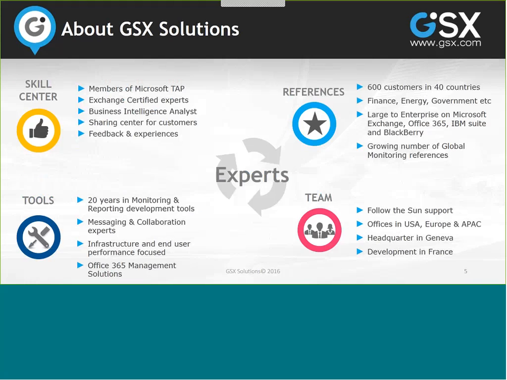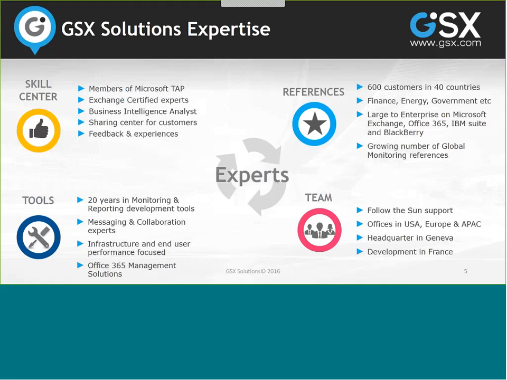In 20 years, we have gone through a lot of technologies, and we have developed expertise in Microsoft, IBM, and management device solutions. We are, of course, a Microsoft partner, member of the TAP, that tests their new releases before any customer. So we've developed tools and services that were always dedicated to messaging, collaboration, and communication infrastructure. That's why we naturally came to IronPort monitoring.